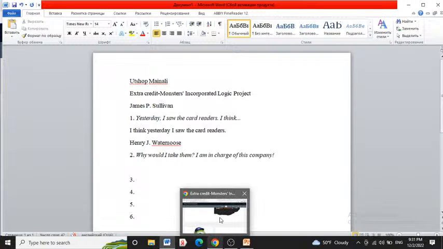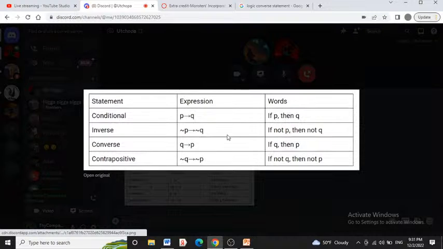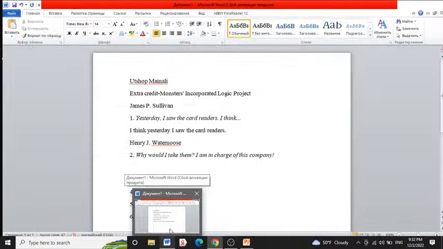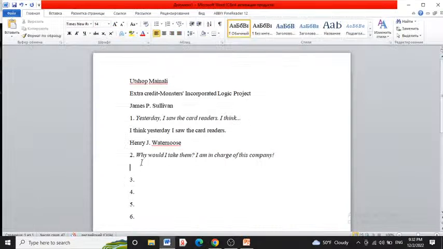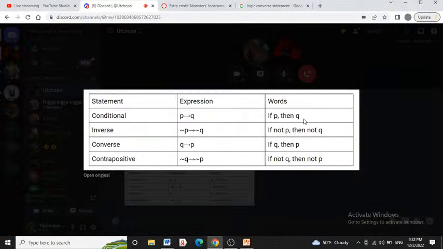All right, and then we refer to what is an inverse. Remember, I sent you the tables. Inverse. So we take that statement and we basically have to make it a negative.